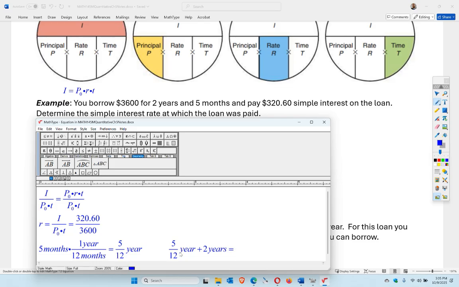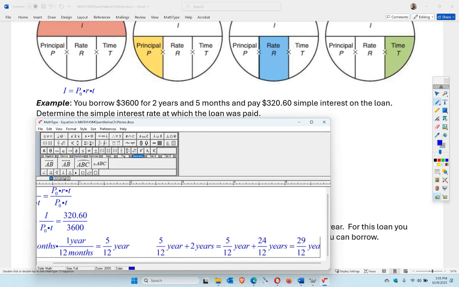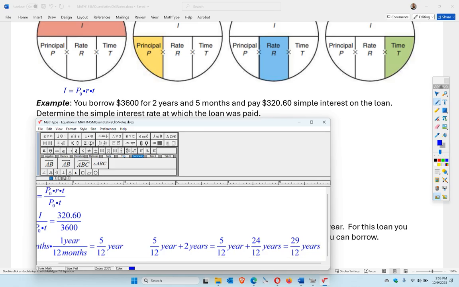So what we want to do is convert the whole number of years into a fraction. It's 24 over 12 for common denominators, because 24 divided by 12 is 2, or simply multiply 2 times 12. That essentially gives me 29/12 years.